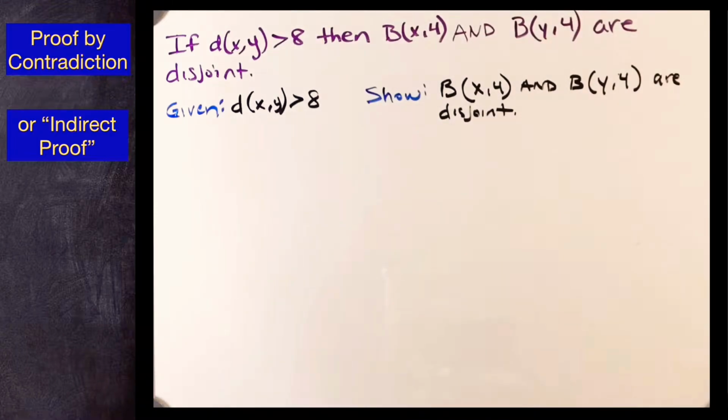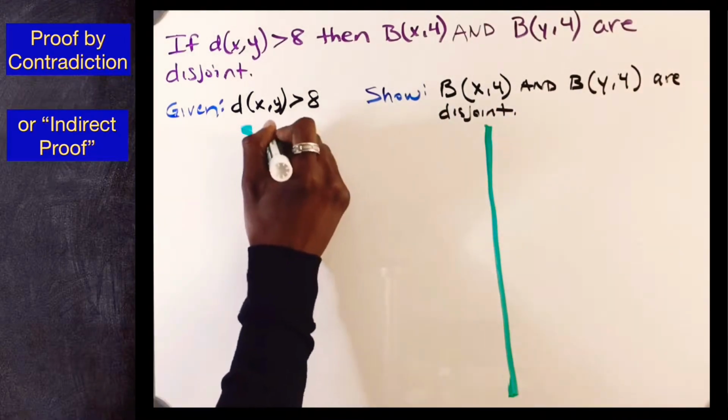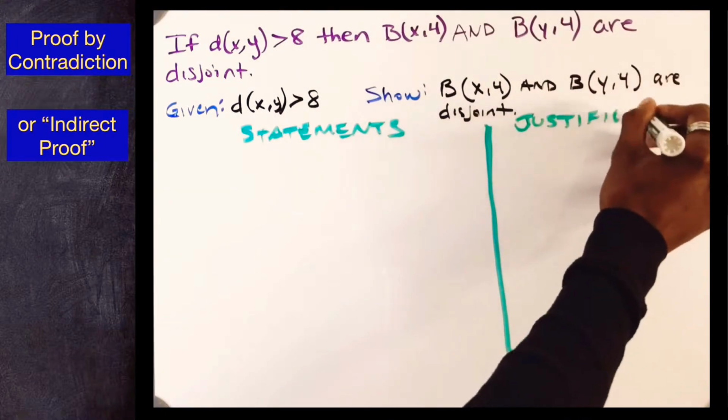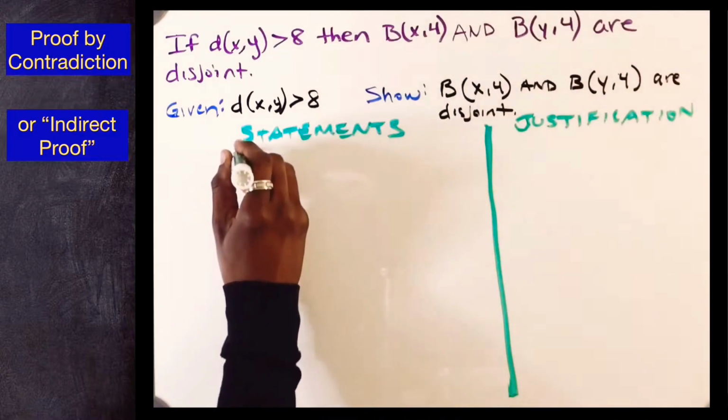That contradiction will prove that the opposing view, which is the not disjoint statement, is wrong. Therefore, the original show statement will actually be proven and shown to be correct. And then at that point, we're done. Just put a little line underneath.